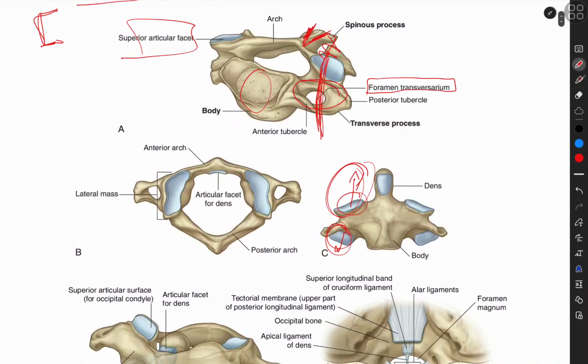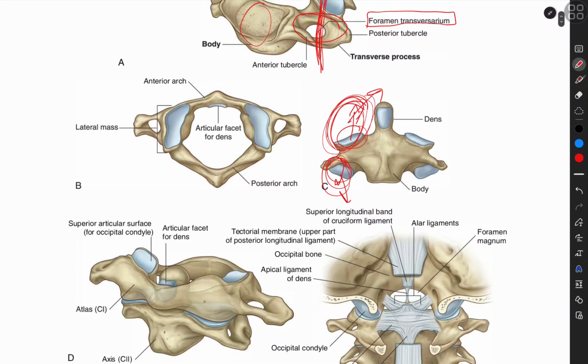This is the superior articular facet, you can remember it like that. Superior articular facet to articulate with the bone above, and the inferior articular facet to articulate with the bone below.